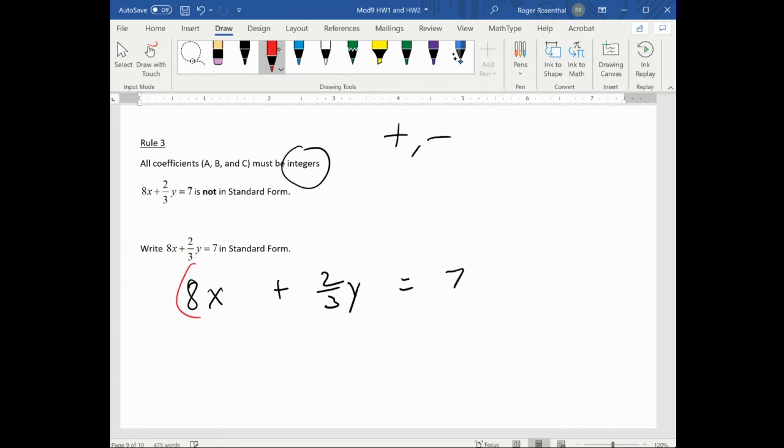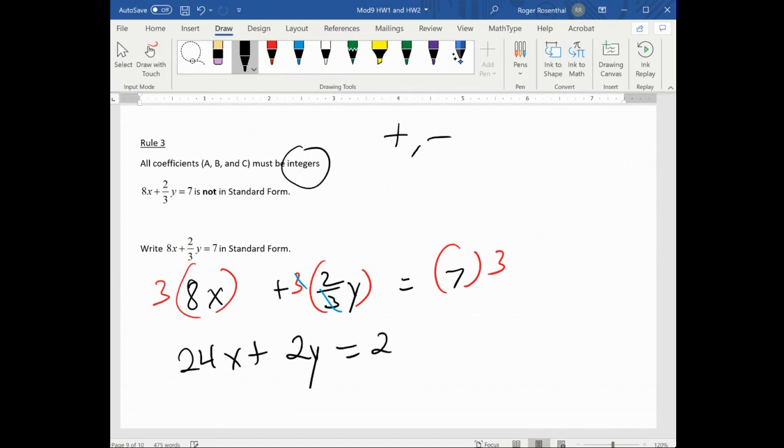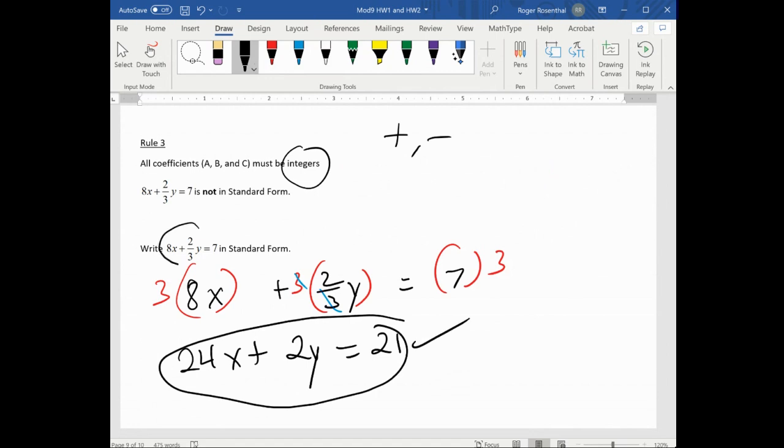We can multiply everything by 3, because of that denominator of 3. These cancel, and we will have 24x plus 2y equals 21, and that equation is in standard form. These are both the same line. That equation and that equation both give us the very same line, but this one is in standard form.